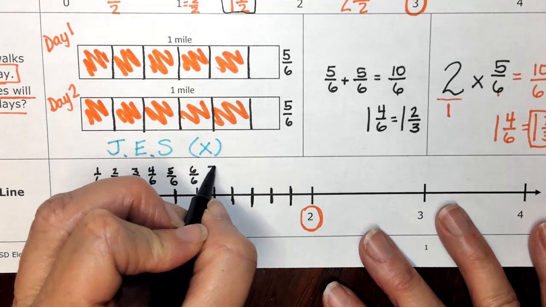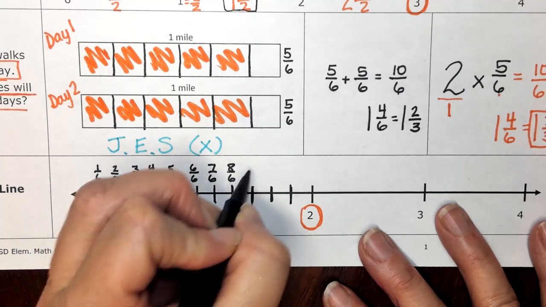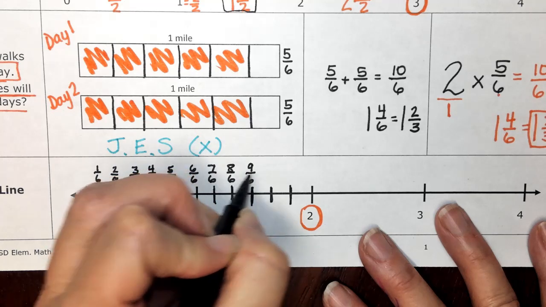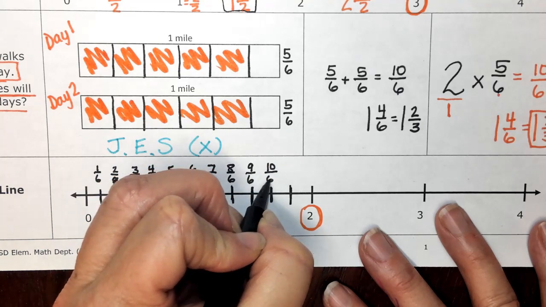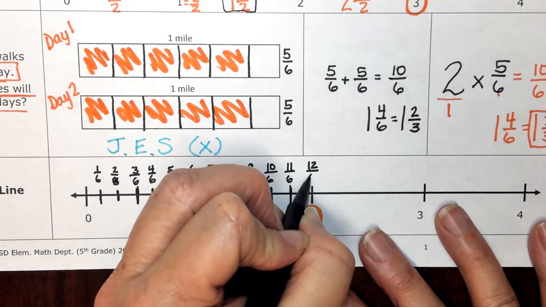Continuing on with our sixths, we have 7/6, 8/6, 9/6, 10/6, 11/6, and 12/6.